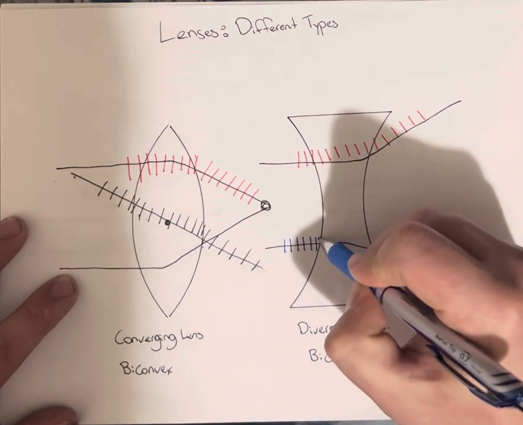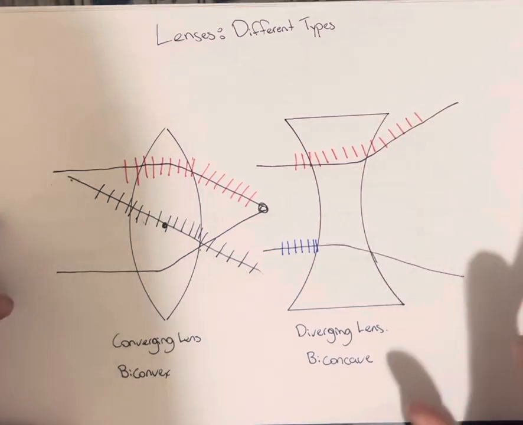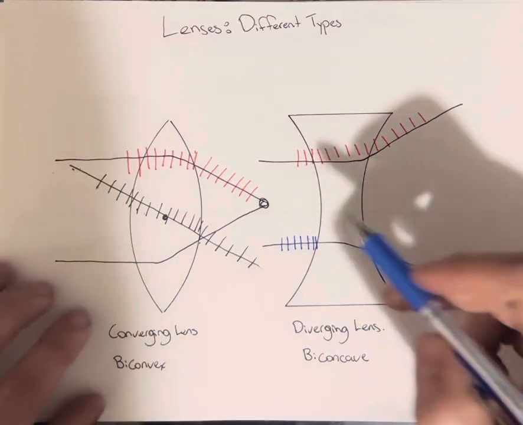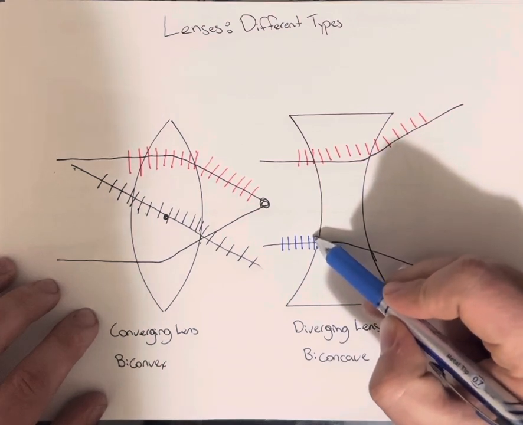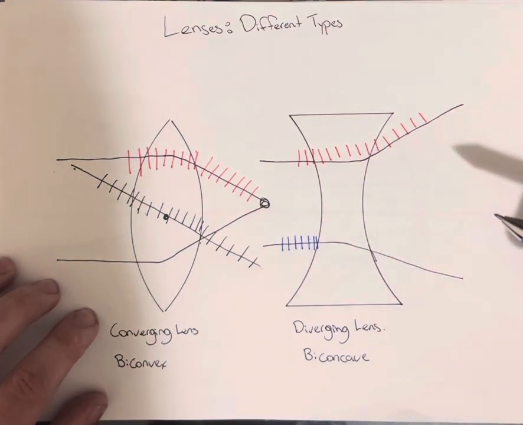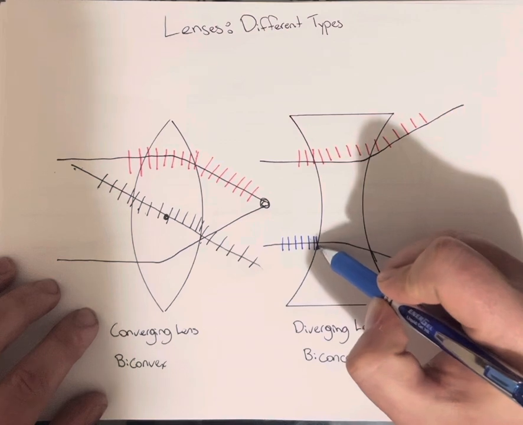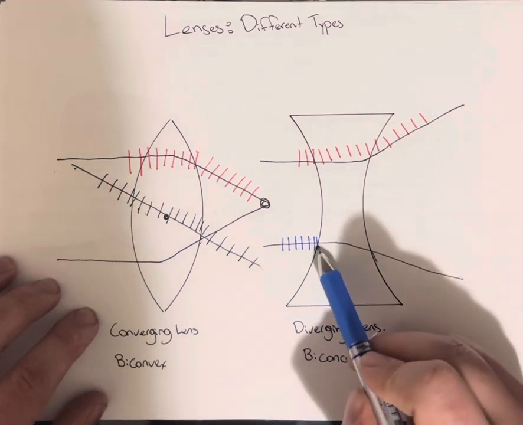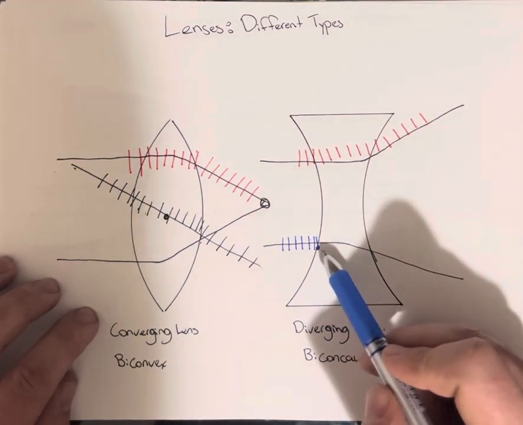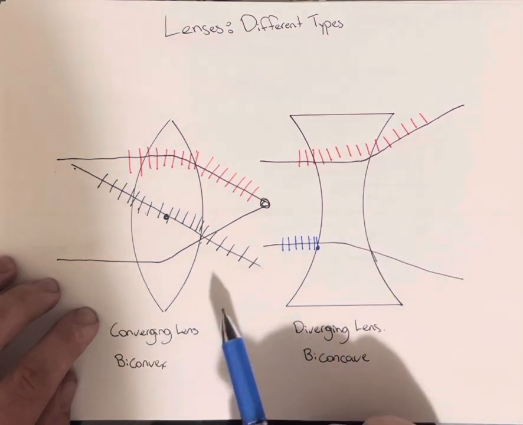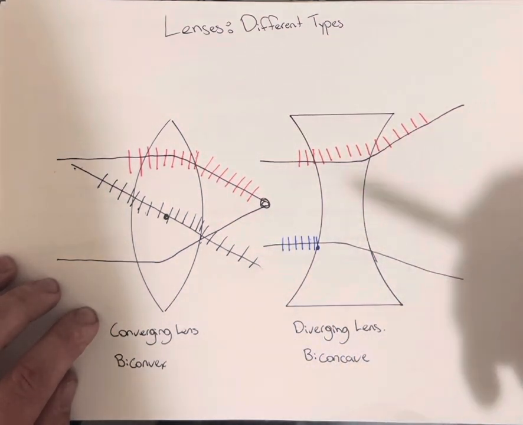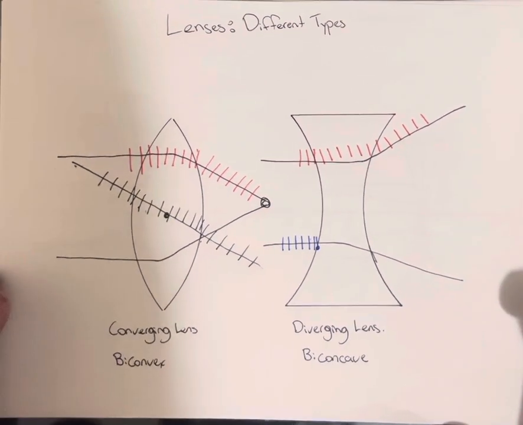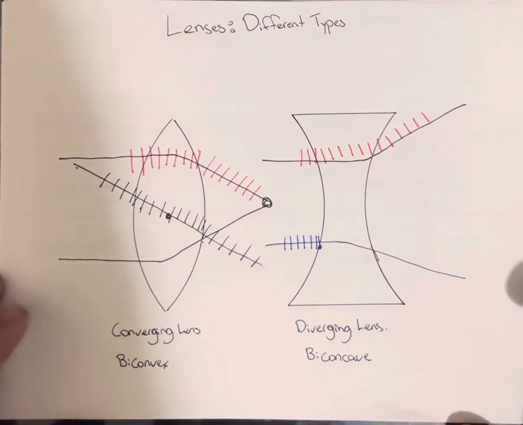As they contact the surface of that individual lens, we see that at this point, the individual light wave is still passing through the air, so it's passing at its original speed, whereas the bottom side of this light wave is now entering into the lens. And we know that as things pass through plastic, glass, water, or anything like that, the speed that those electromagnetic waves are passing at is going to slow down.